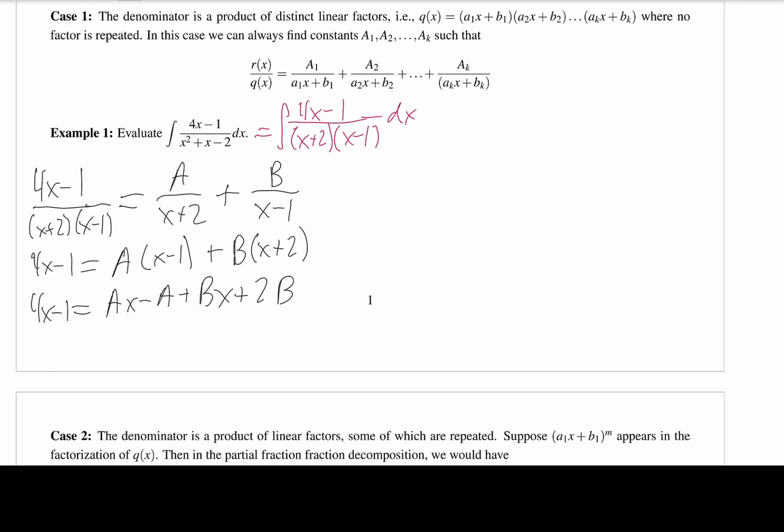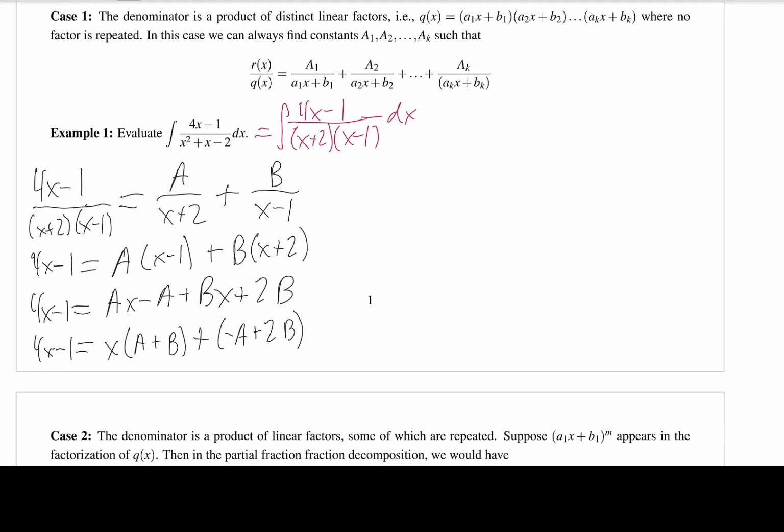Now I'm going to group everything that has an x attached to it together. So I'd get x times (A + B), where I've added those two together and factored out the x. And then for just our constants, we'll have -A + 2B.